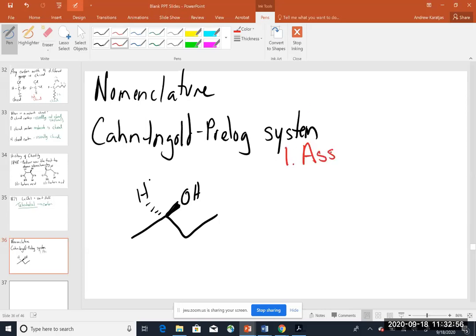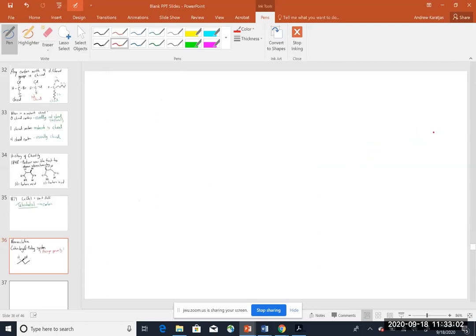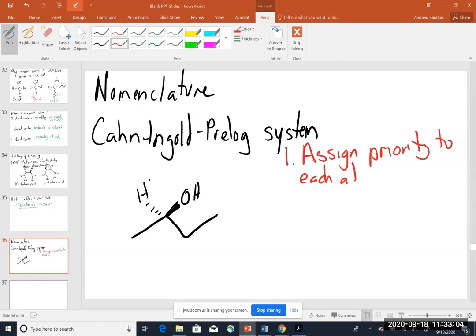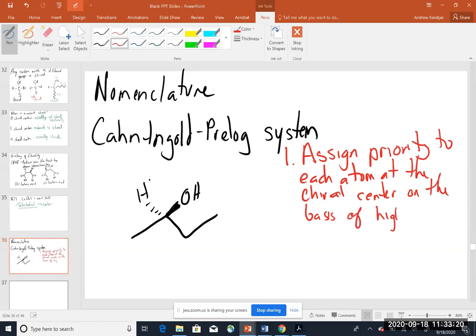First step, assign priority to each atom at the chiral center on the basis of highest atomic number. So the higher the atomic number, the higher the priority is for the group.